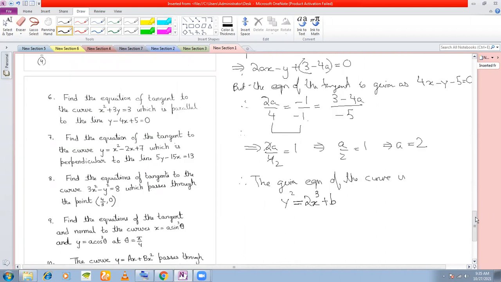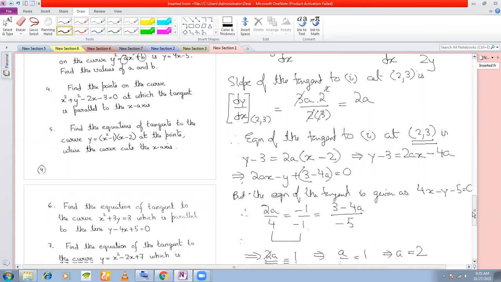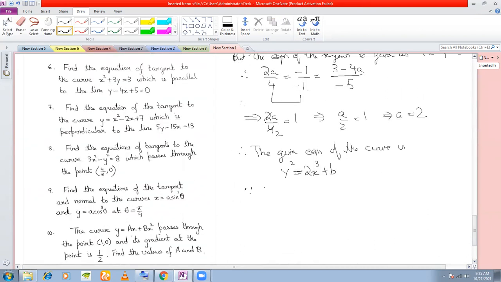Now you see here, what is the point of contact? The point of contact of the tangent is 2, 3. So this point must lie on the curve. Since 2, 3 lies on the curve, it will satisfy the equation. So you put y is equal to 3 and x is equal to 2 to get the value of b also from here.